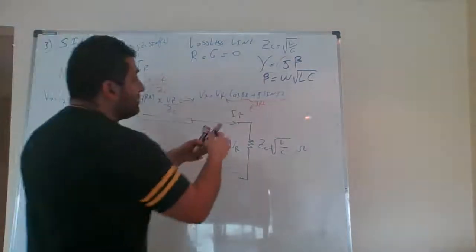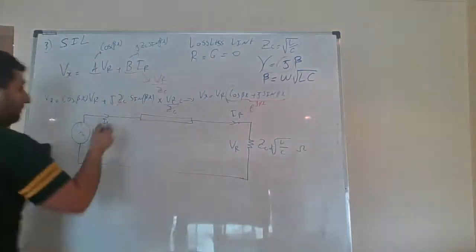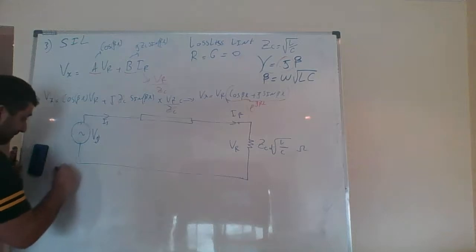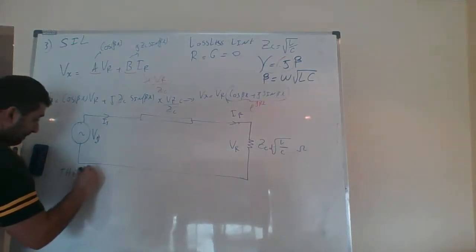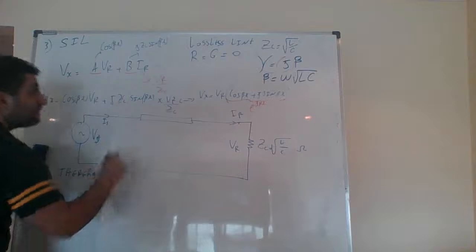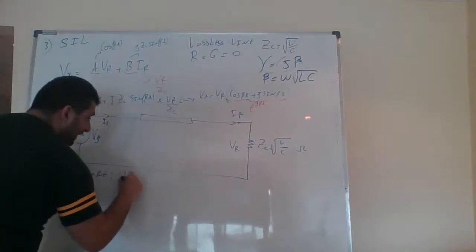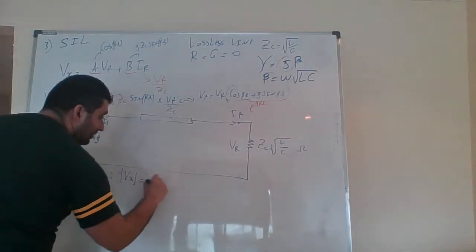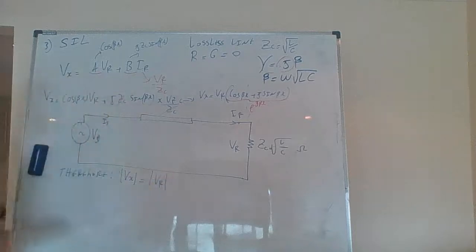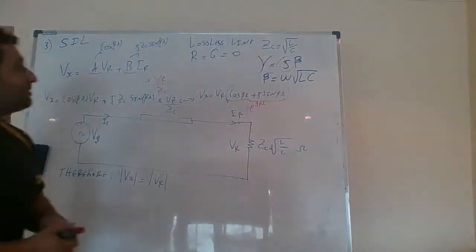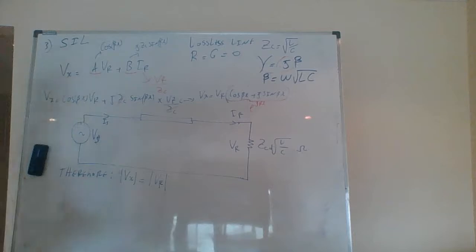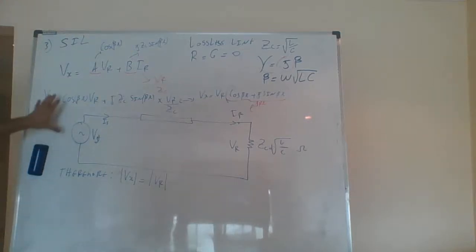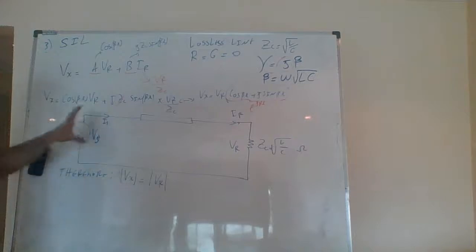So based on this, the magnitude of Vx is equal to the magnitude of VR. Can you see based on this? Is that clear, guys?